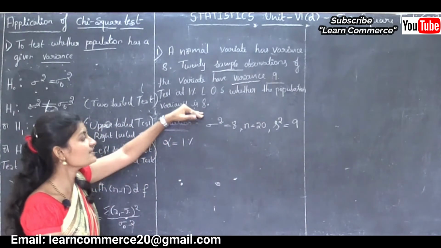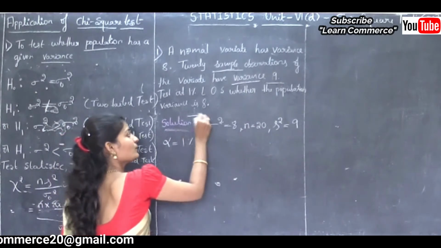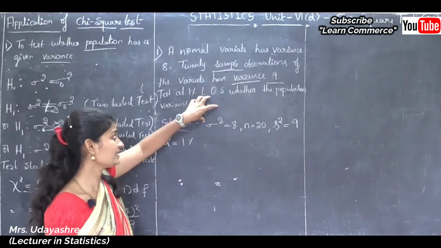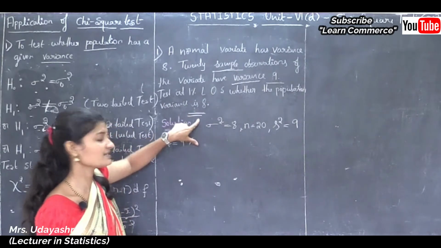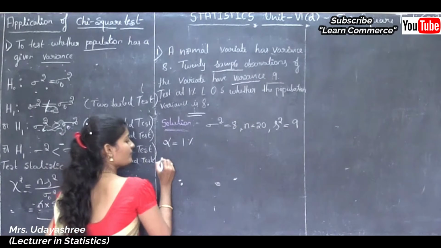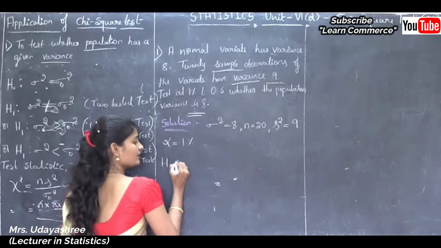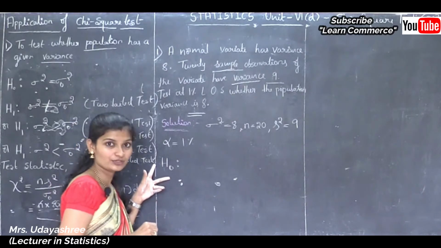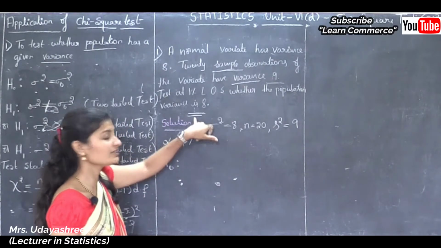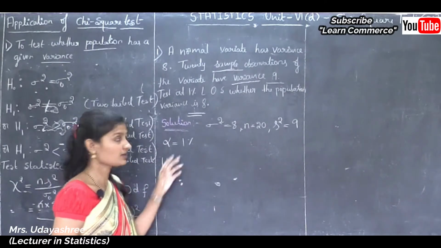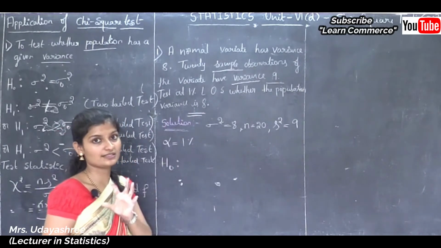So variance is 8, in the sense this is an equal to type. The given problem is based on the hypothesis of the equal to type. So step 1 of the test procedure is setting up the null hypothesis. Okay, I am sorry. Equal to in the sense what? That is the null hypothesis type.